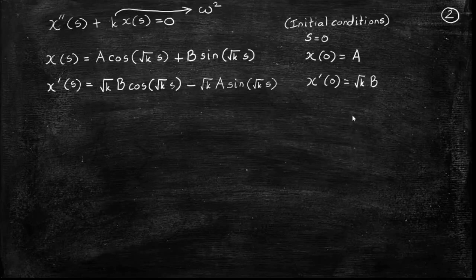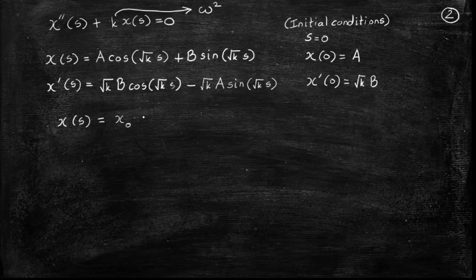So you can rewrite these two expressions for x and x prime in the following manner. You will get x is equal to, I am going to write x suffix 0 instead of x evaluated at 0.